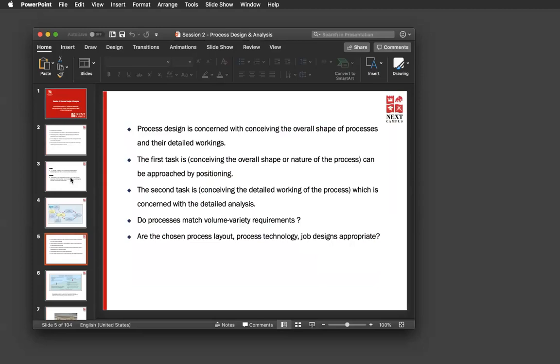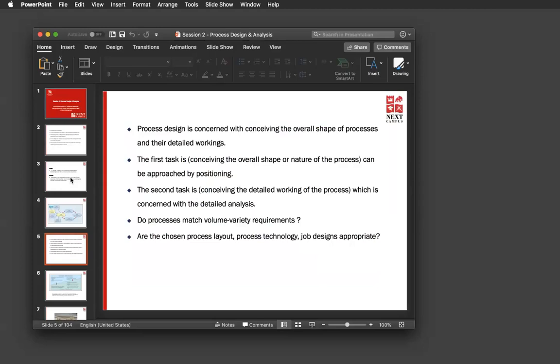So each process will have to depend on the outcome of the product and service in terms of its volume and variety.